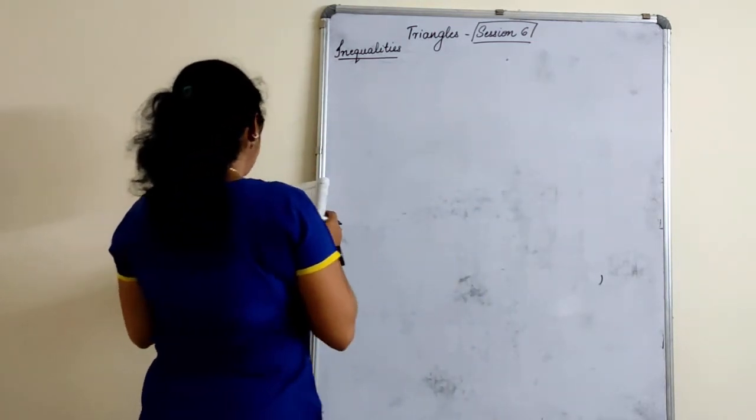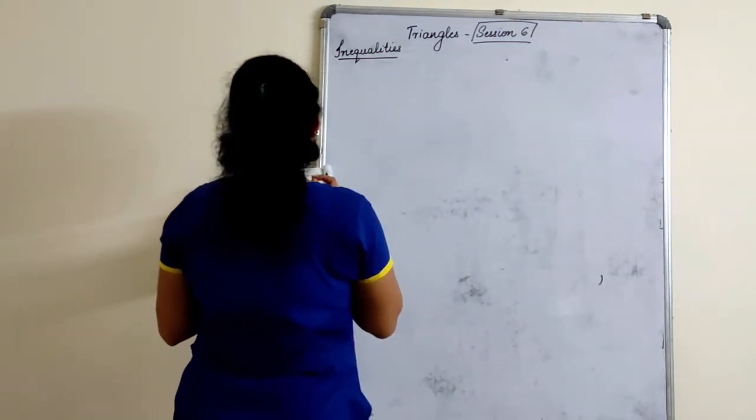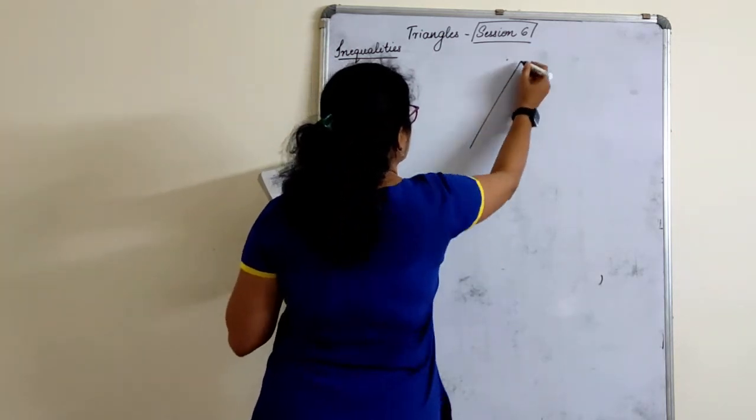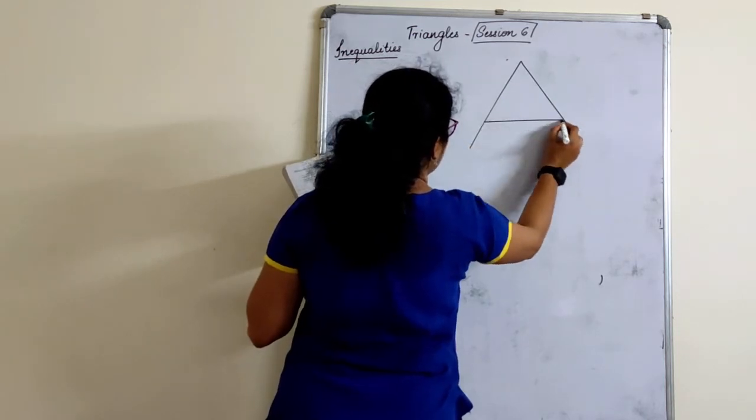In figure, the sides AB and AC of a triangle are extended to points P and Q respectively. So this is the given triangle.